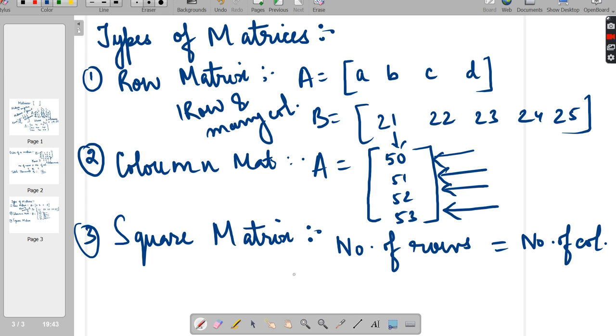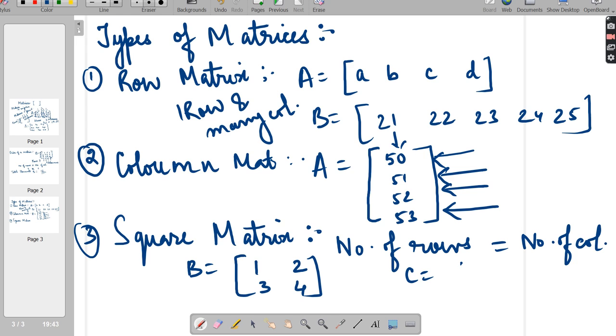If this condition is satisfied, then only that particular matrix will be called a square matrix. So I have a matrix B and the elements are 1, 2, 3, 4. This is a square matrix. The number of rows are 2, the number of columns are 2. So this is a square matrix.